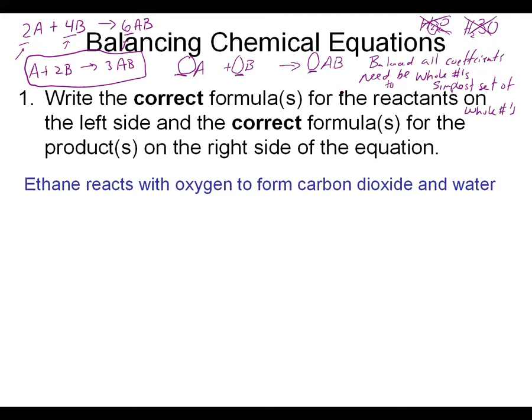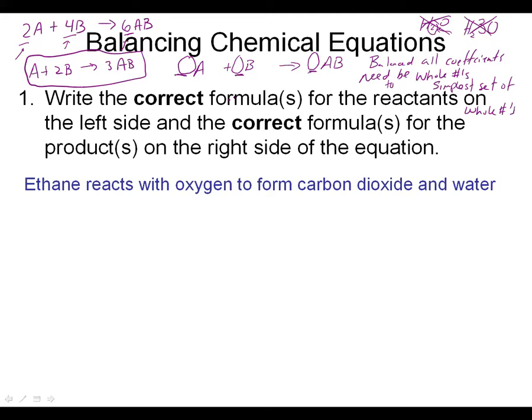So if you are given something in words, for example, and you need to balance the equation, the very first thing that you should do is always just write the correct formulas. Sometimes people get in a lot of trouble when they try to both write the formula and balance the equation all together at the exact same time.